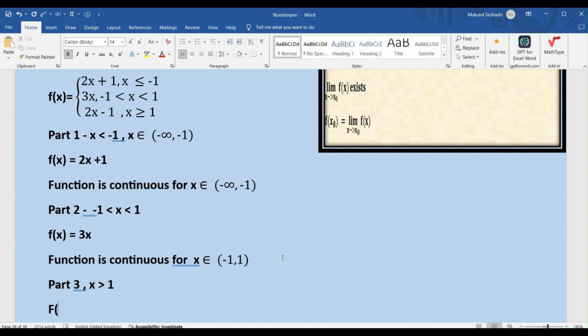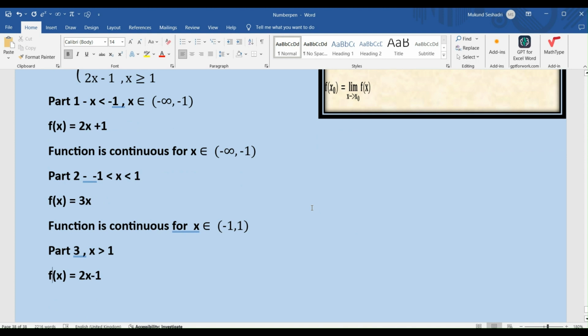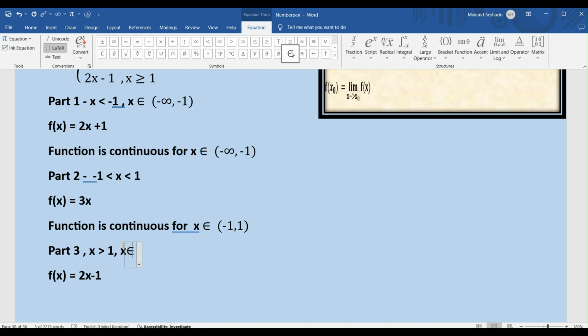Now let's move to part 3, where we have x greater than 1. For x greater than 1, we know that f of x takes 2x minus 1, which again is a linear polynomial. X greater than 1 also means x belongs to the open interval 1 to infinity.